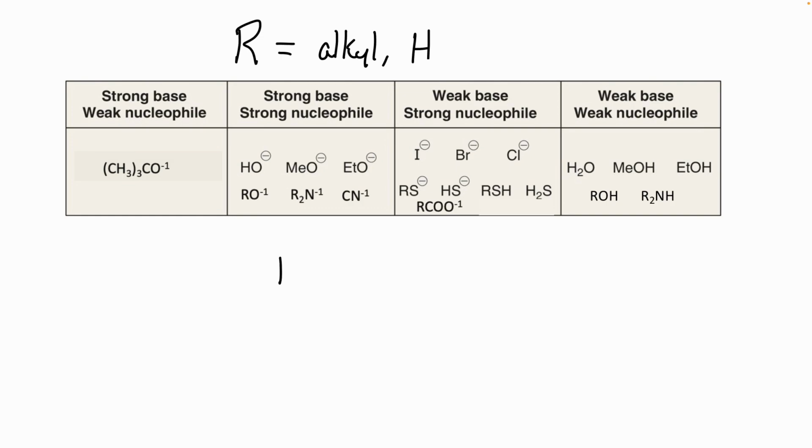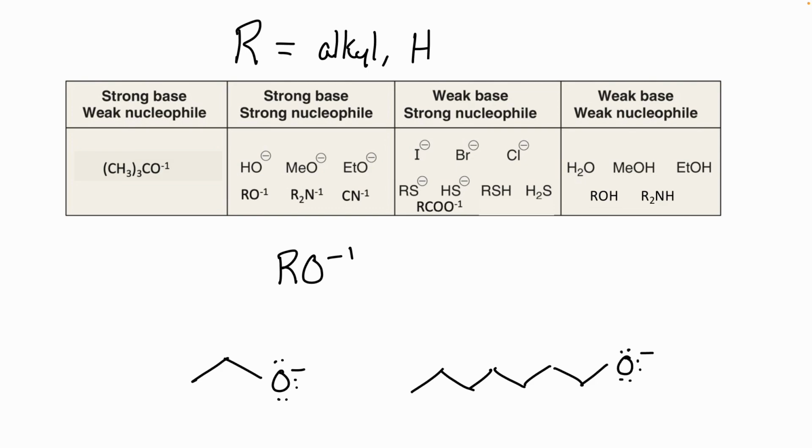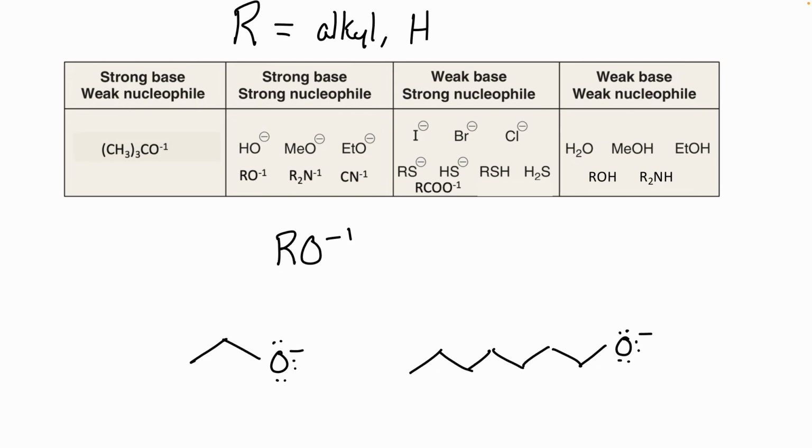So for example, RO minus. This can be any one of these molecules, any number of carbons. Notice how they're lazy and they don't put in our lone pairs here. Can't really type in lone pairs on our computer. But it doesn't matter whether it's 1 carbon, whether it's 1,000 carbons, or whether it's just a hydrogen, all of these fall into that same category of ROH.